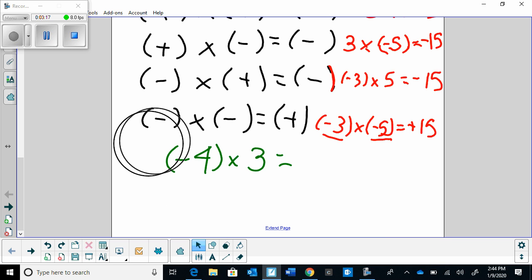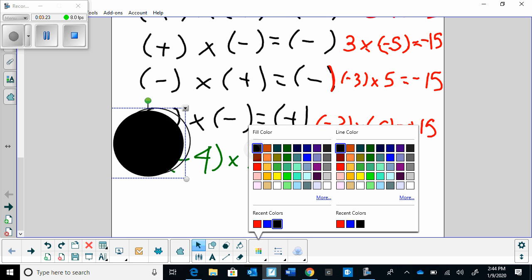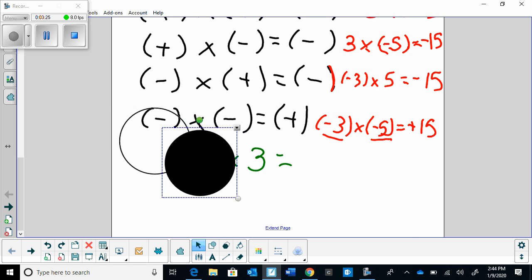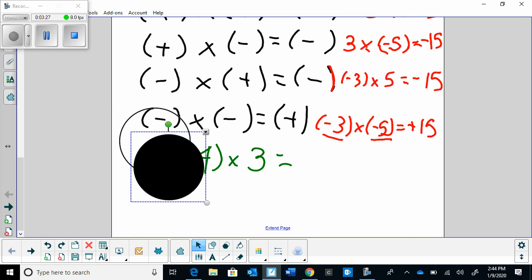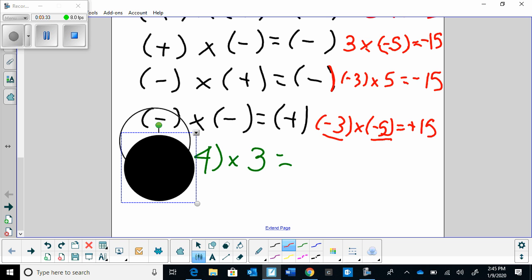We're going to hide the sign there first. So all of this is 4 times 3. Well, 4 times 3, that's going to be 12.